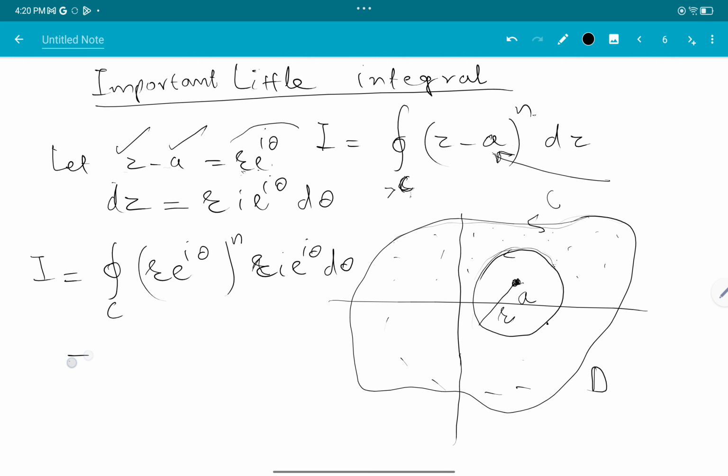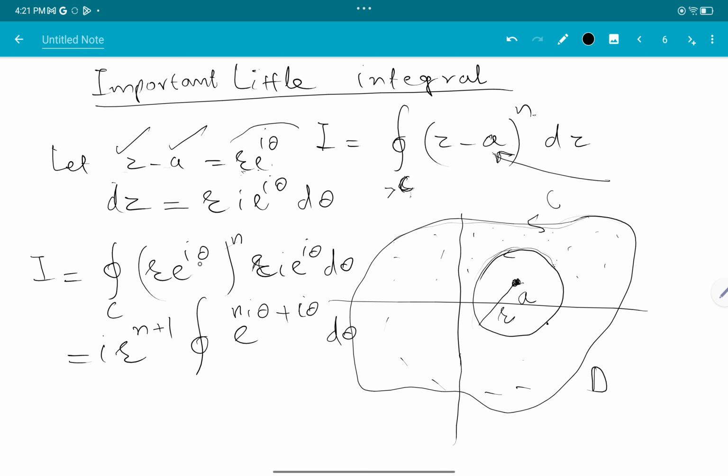We can take constants outside. r raised to n and r raised to 1 give r raised to n plus 1, and i is constant, so bring it here, and you have e raised to i n theta times e raised to i theta d theta.